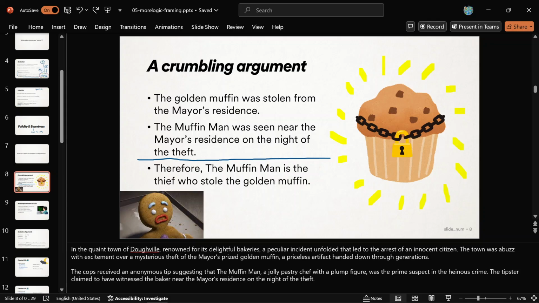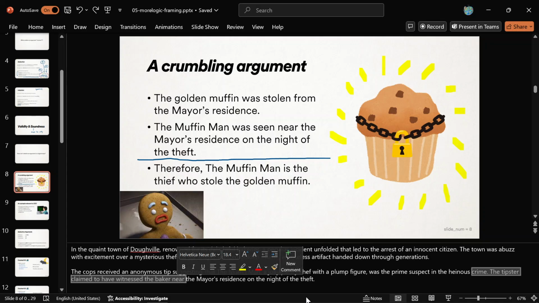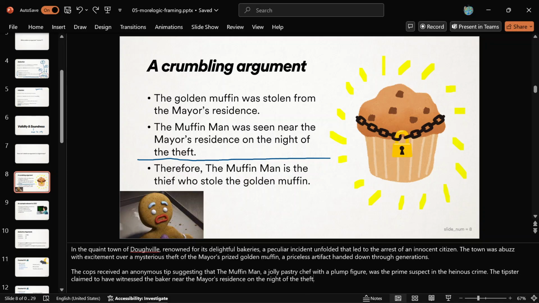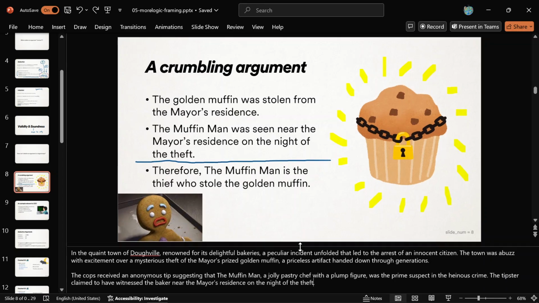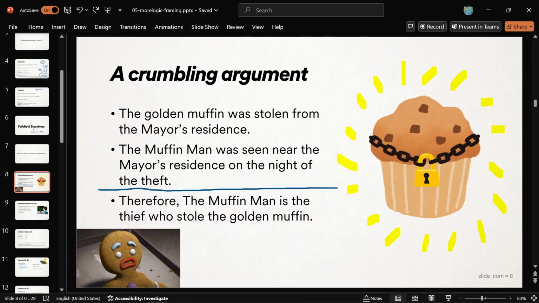The cops received an anonymous tip last night suggesting that the Muffin Man, the man that we know and love, the jolly pastry chef, was the prime suspect in this crime. The tipster claimed to have witnessed the baker near the mayor's residence on the night of the theft. So somebody stole the golden muffin last night, and somebody claimed on the tip line that the Muffin Man was near the mayor's residence where it was stolen.